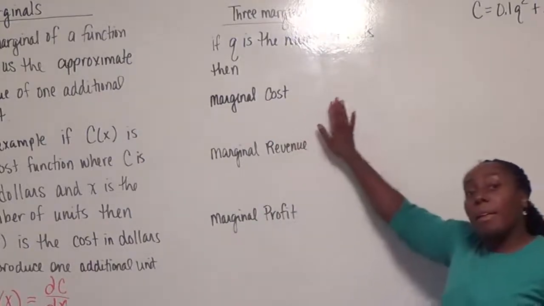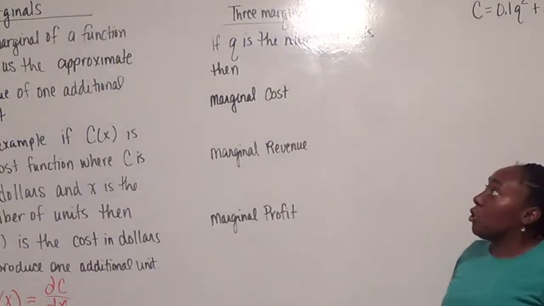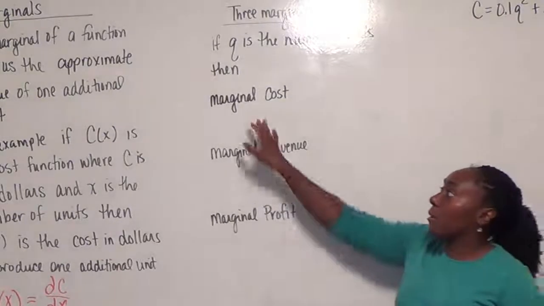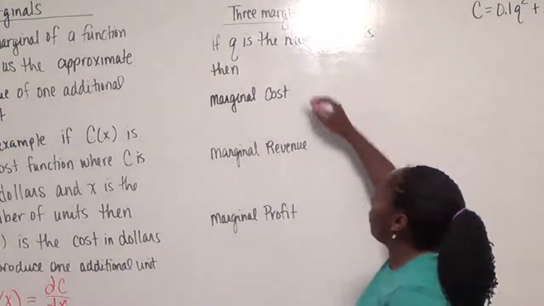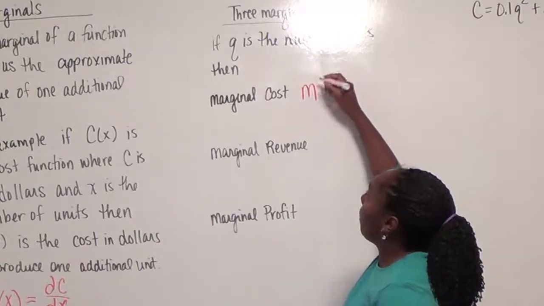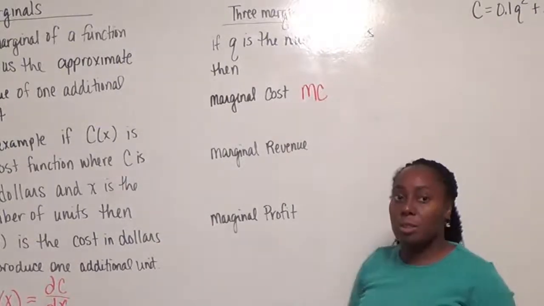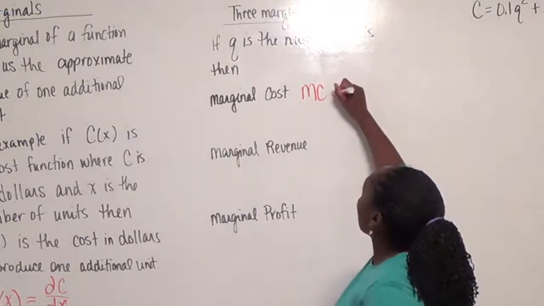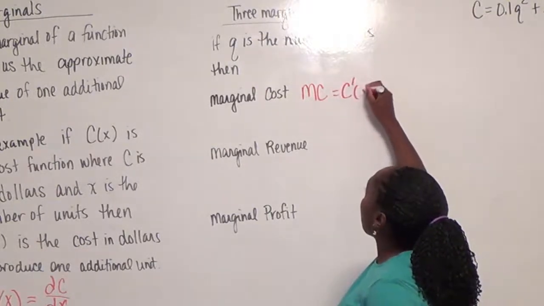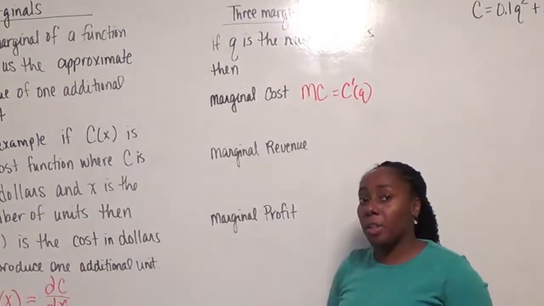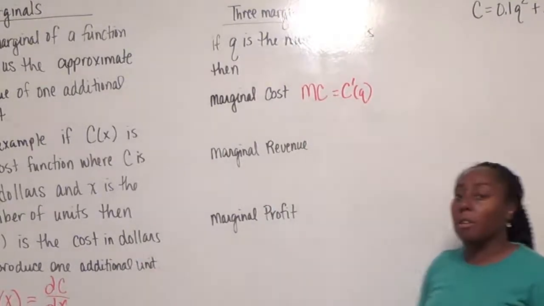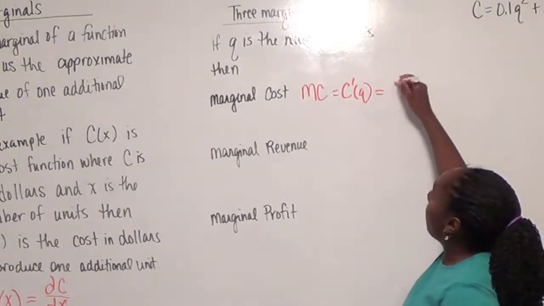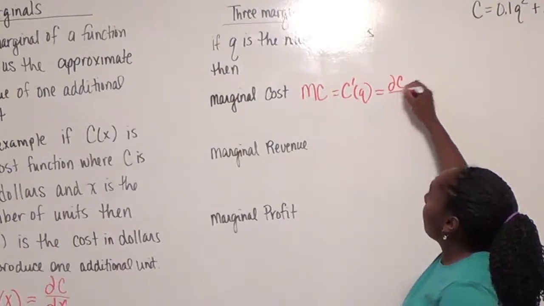There are three types of marginals that we're going to look at. So if Q is the number of units, then our marginal cost, which we can denote a couple of different ways, is MC for marginal cost, or C prime of Q, so the derivative of our cost with respect to the number of units, or dc dq.